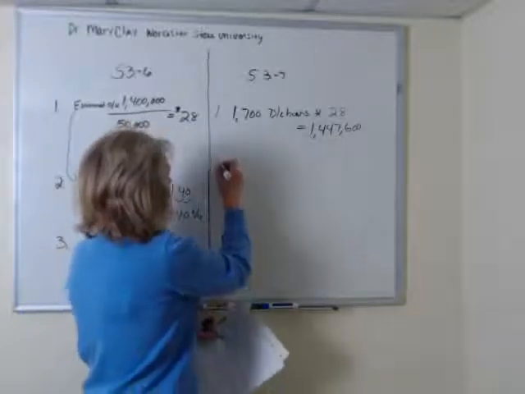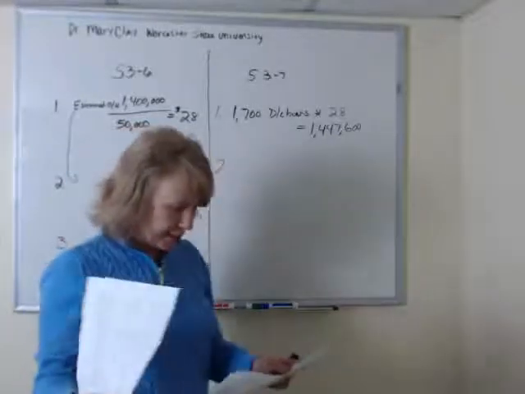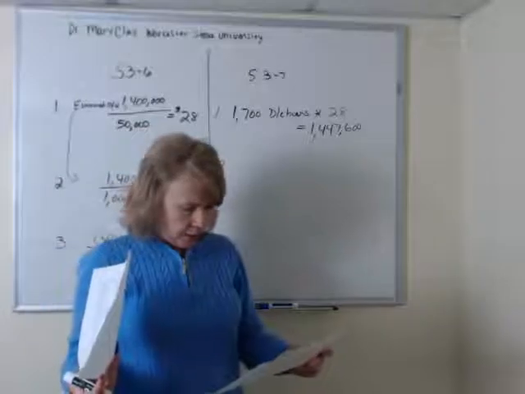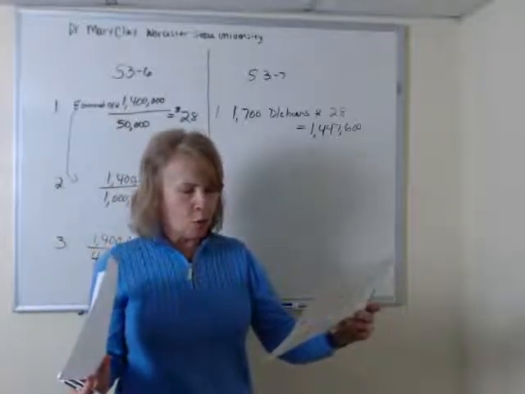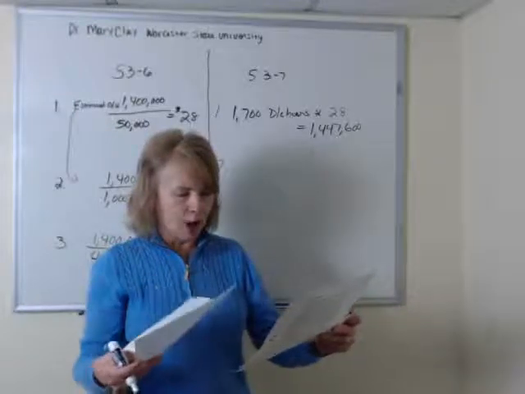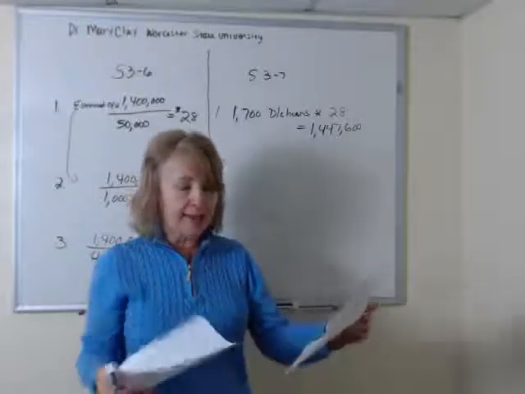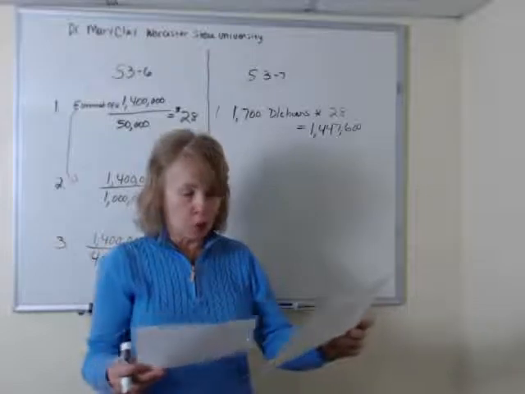Okay, number 2. Here's what it says. Assume that the company actually incurred $1,020,000 of direct labor costs. That is an actual number, 1,020,000.